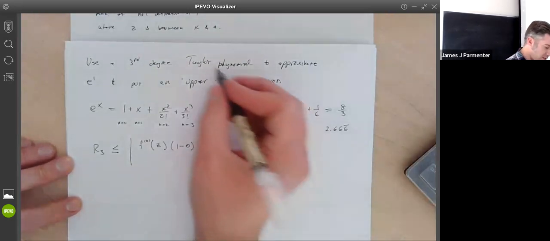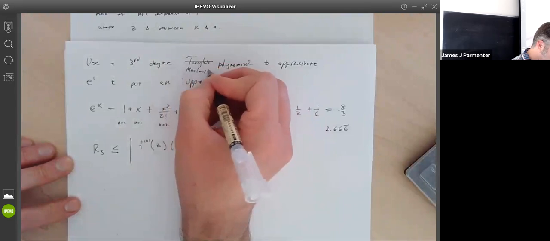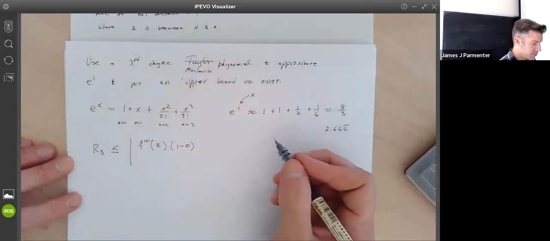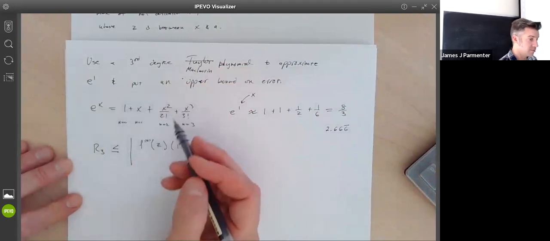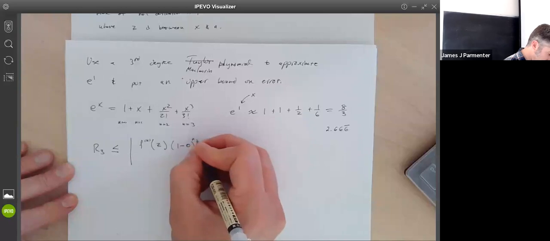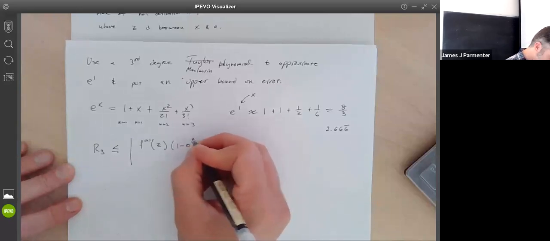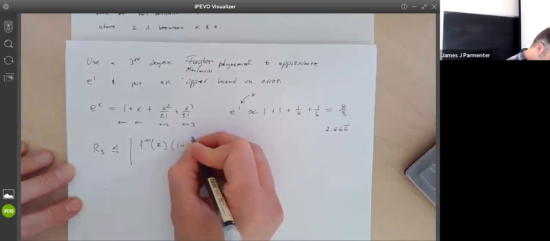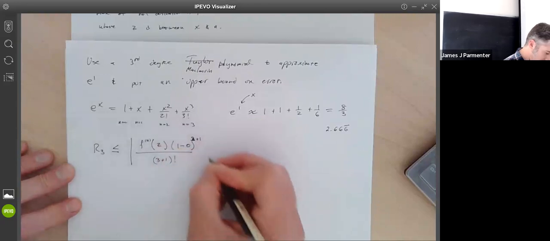Maybe I should have used the word Maclaurin to make it more obvious. 1 minus 0, it doesn't really matter, but it should be to the n plus 1 power, so I'm going to put it there anyway. So that should be over 3 plus 1 factorial.